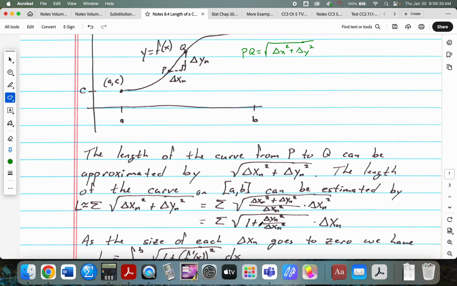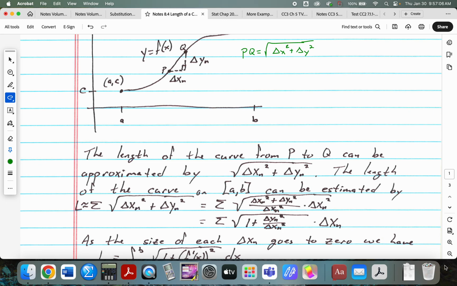I get 1 plus delta y sub n squared over delta x sub n squared. And I've factored this out of the square root, so I have delta x sub n. Does that make sense? Colton made a face. I think it does. But we're taking this out of the square root, so we don't have the squared anymore. And here we've got, these are the same, and then these are different, so we're left like this.